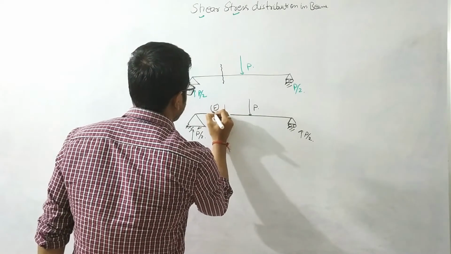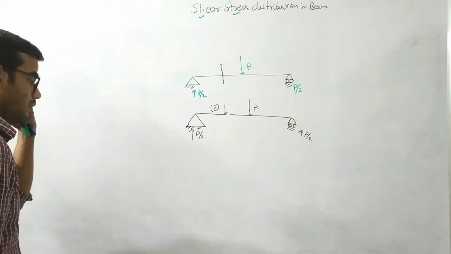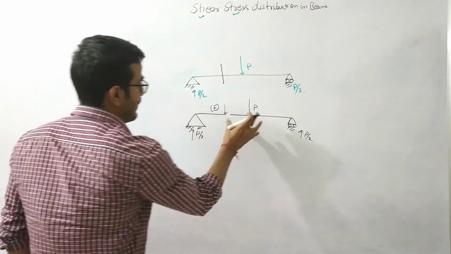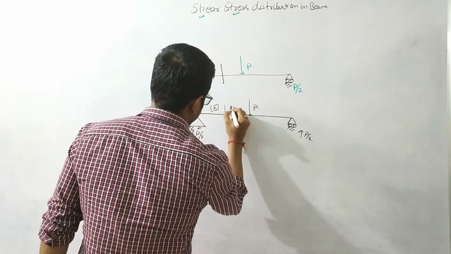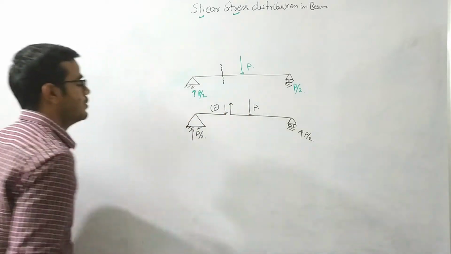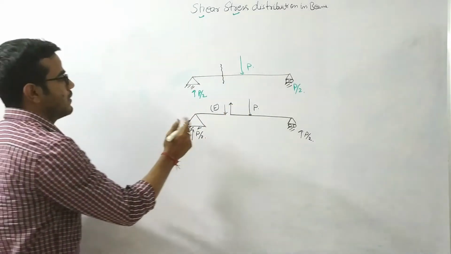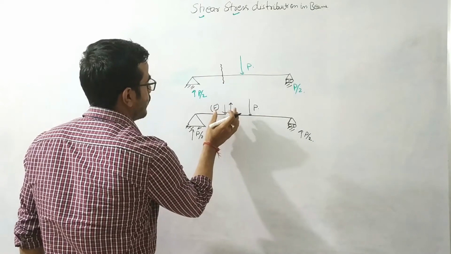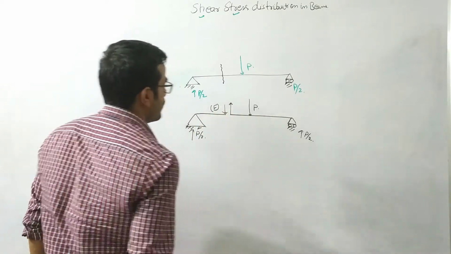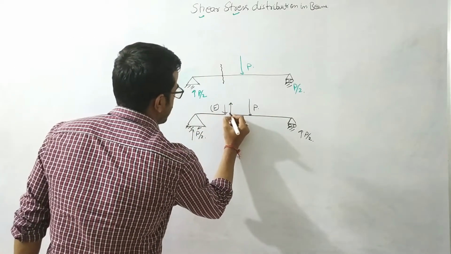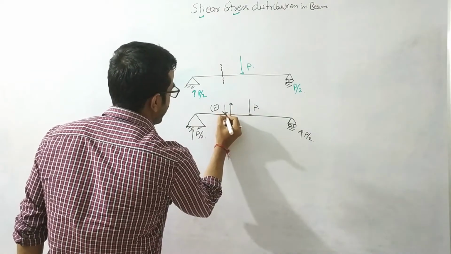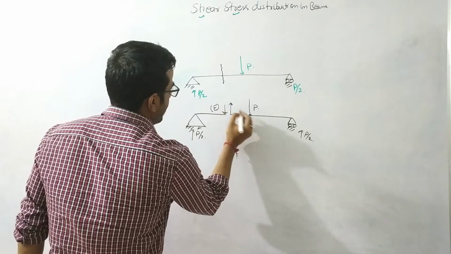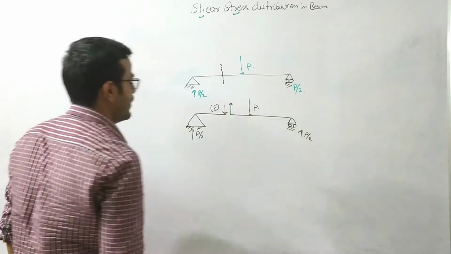Let us suppose this force is F. To stabilize this other portion also, I need to have some force in the upward direction, because if I join those portions, these forces need to cancel each other. So in this portion this force will be in the downward direction, and for this portion this force will be in the upward direction.